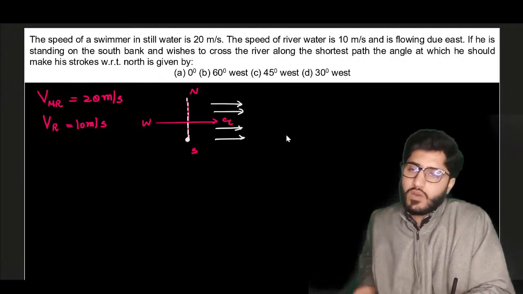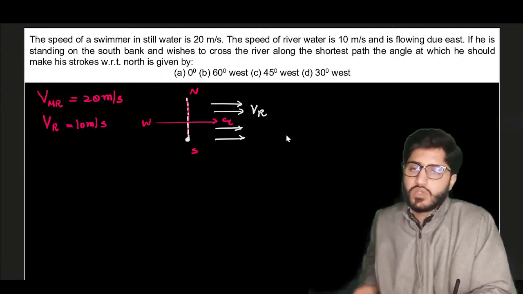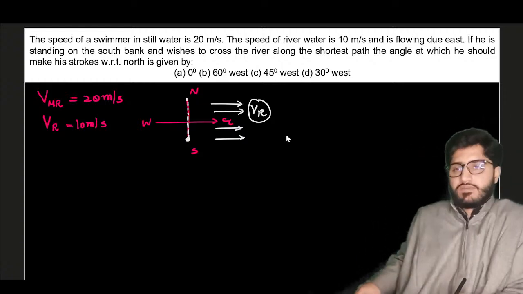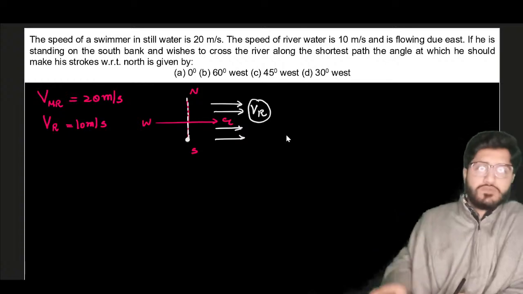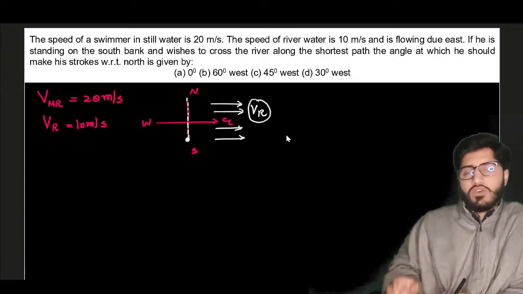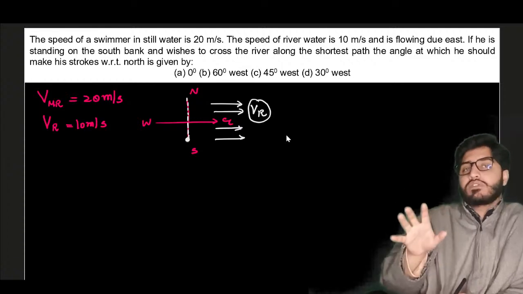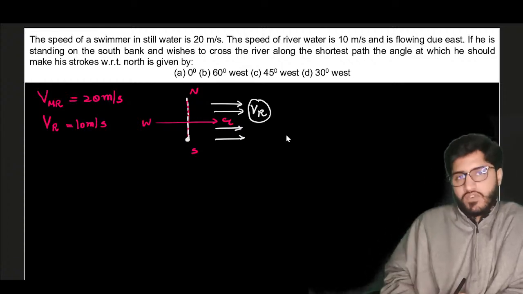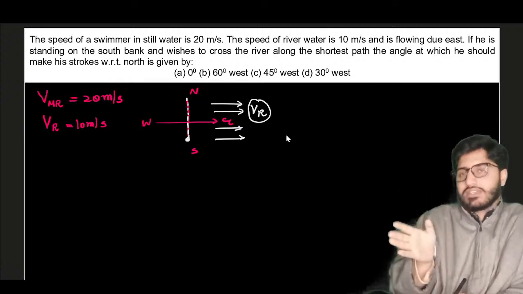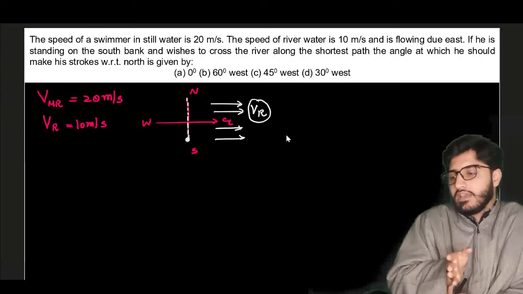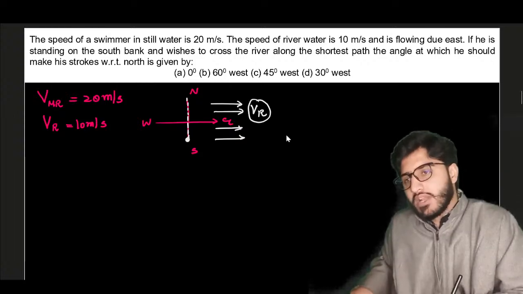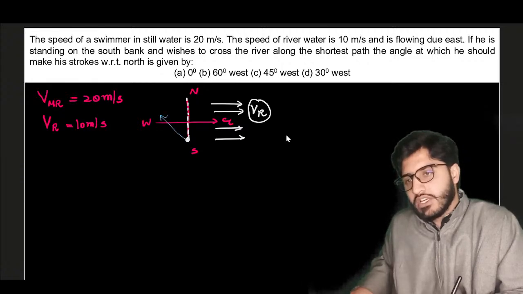This is the speed of the water. This speed of the water tries to drag your person along with its flow. The VR tries to drag the person along its flow, but we have to cancel this effect of the flow. How we can do it? We can just project the particle or project the man at some angle theta. Okay, we can do it now. Let's suppose the projection is something like this, right? This is my projection, theta.